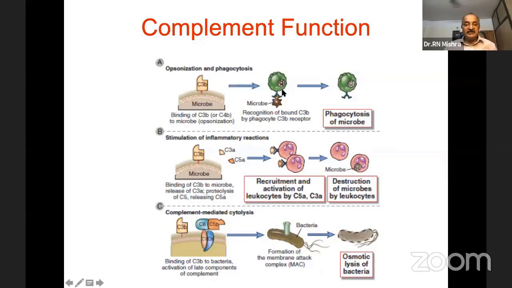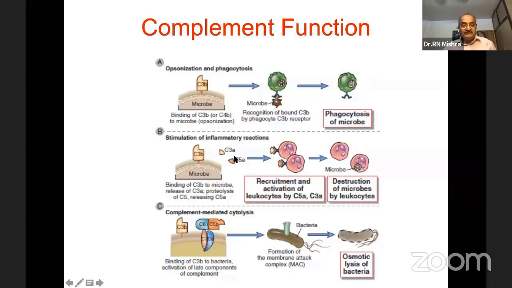The phagocytic cells like to eat up microbes which are coated with C3b. It's something like butter on a toast. You would like to eat butter layered over a toast, and similarly C3b on the microbe makes it palatable for the phagocytic cell. It stimulates inflammatory reaction.